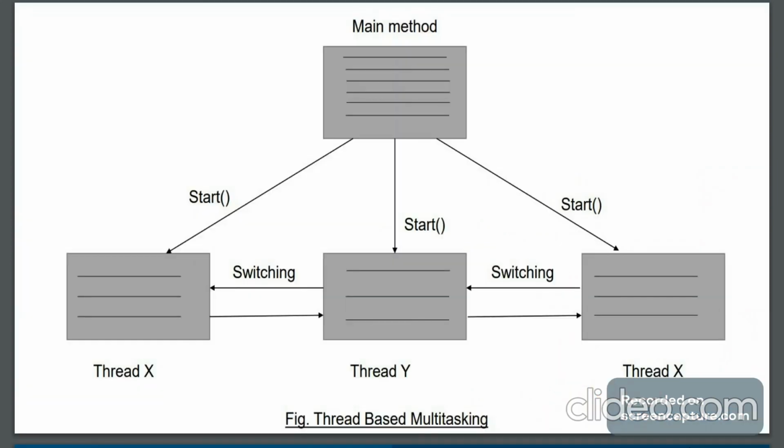Here we have only one program, only one process, and that process has many threads, many blocks, like one for loop, another for loop, or any if else condition, while loop, and all three or more blocks get executed or run at the same time. This is an example of multi-threading.